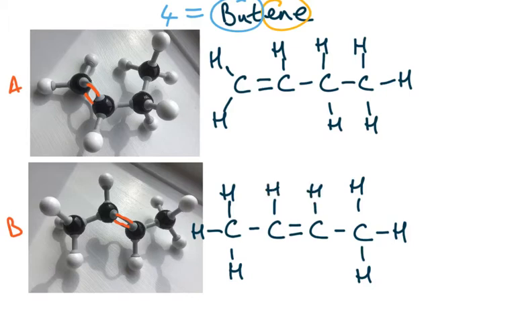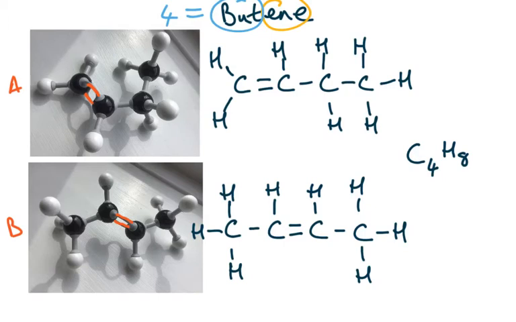Now, if we look at both of these, you'll notice that they've got the same molecular formula. So whilst the displayed formulae might be different, the molecular formula for each one is C4H8. You can count up those hydrogens and prove this to yourself, but for each of them, it's the same formula.